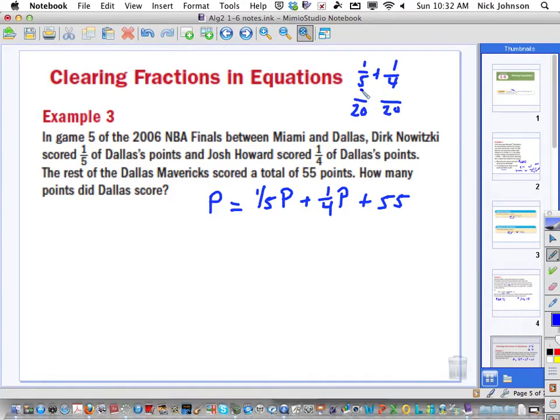So this turns into 4/20 and 5/20. So this is 9/20 P plus 55 equals P. Get our P's to the same side, so I got to subtract 9/20 P equals 55.